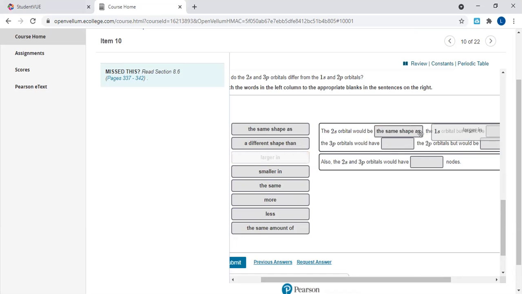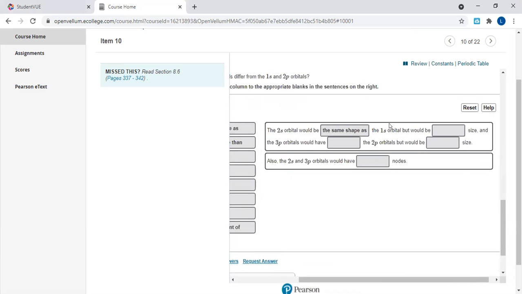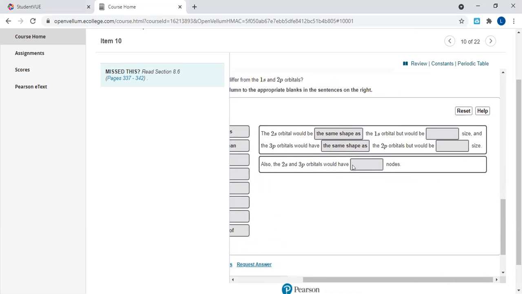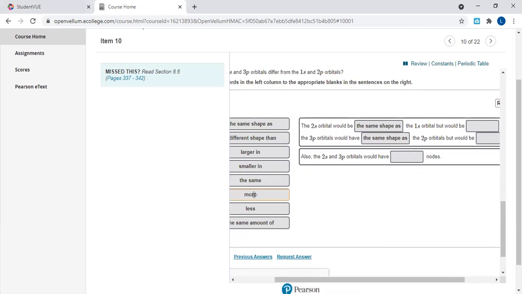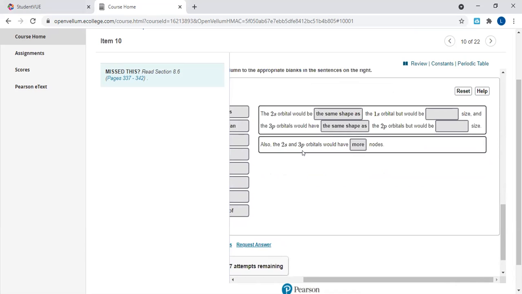All right. The 3p orbital would have the same shape as the 2p orbitals, but it's going to be larger. Same shape but larger. And the 2s and 3p orbitals have more nodes, which means more waves. Oh, okay. That's a good question. Thank you for asking it.